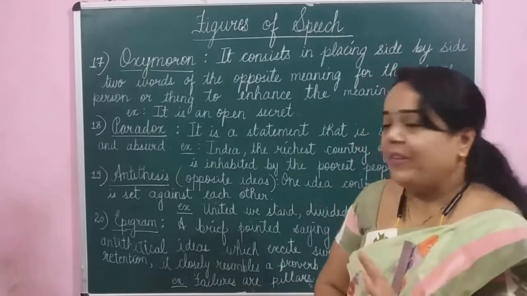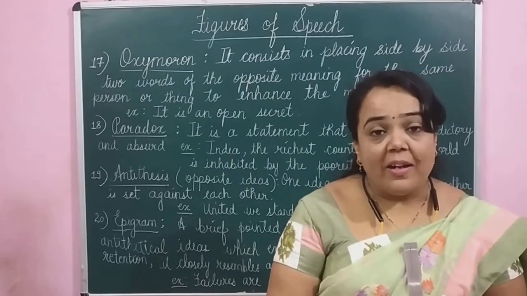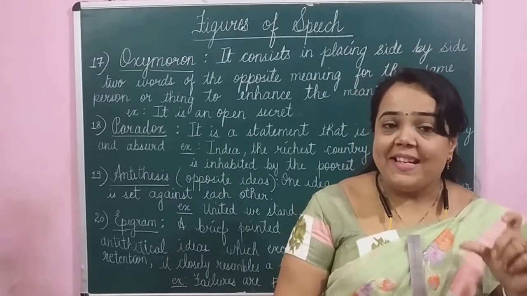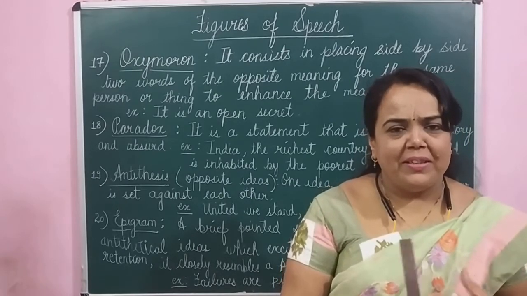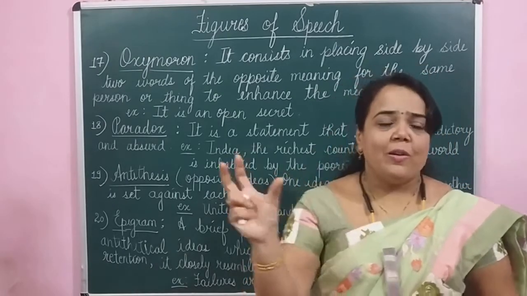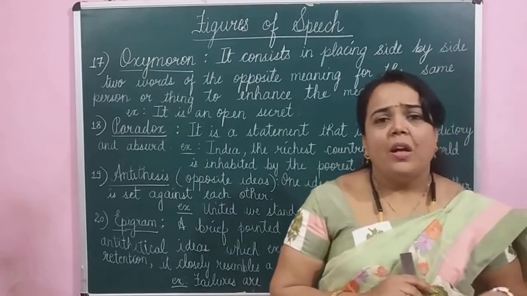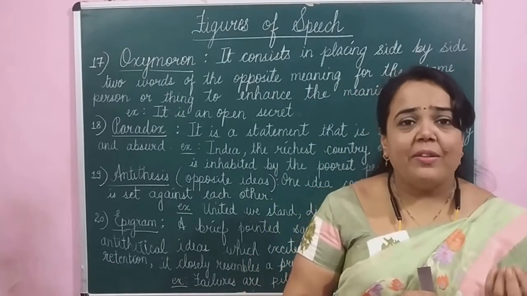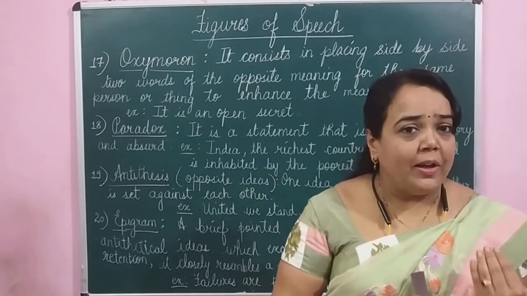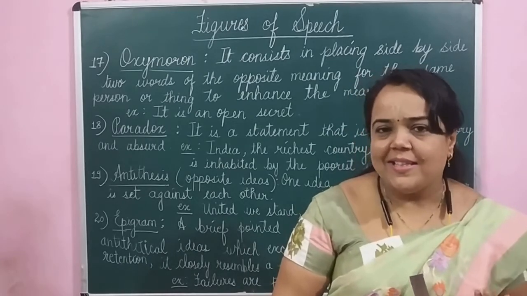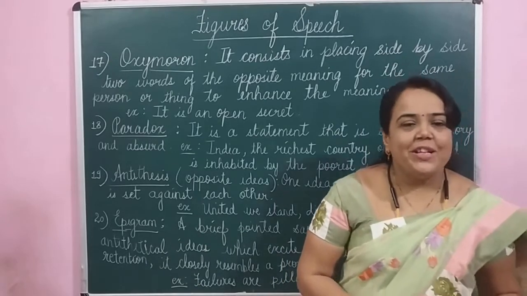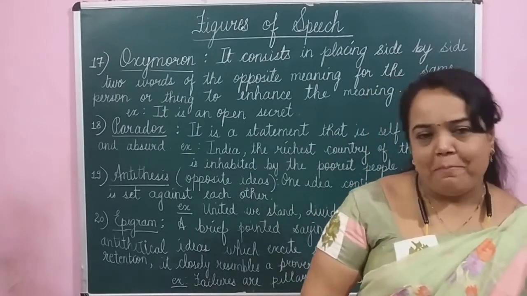The figure of speech epigram is a brief, pointed saying which might seem contradictory, where a contradiction is used to arrest our attention and remember the thing for a longer time. Easiest example: child is the father of man.